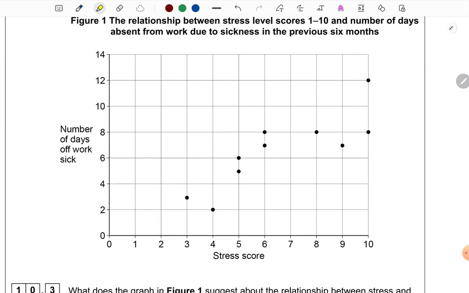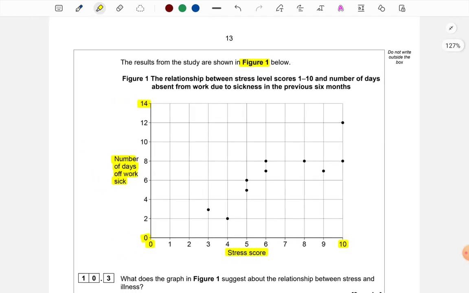Next we should read the x-axis. On the x-axis we have stress scores ranging from 0 to 10. On the y-axis we have number of days off work sick, that is also starting from 0 but it goes up to 14. And we see a typical scatter plot or a dot plot in front of us.